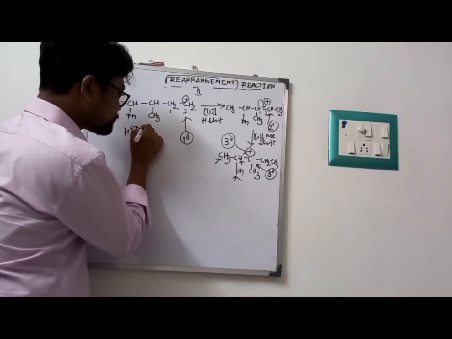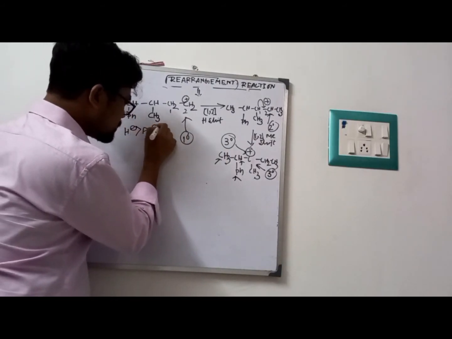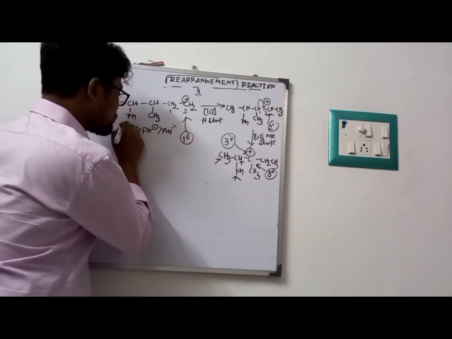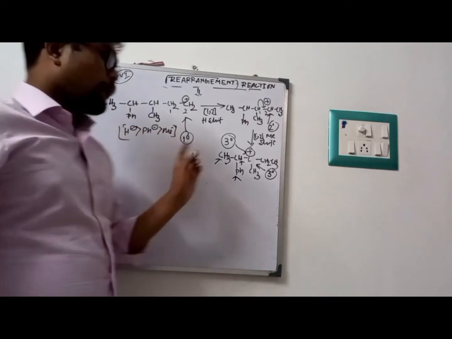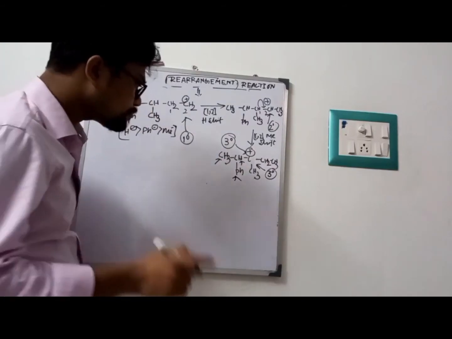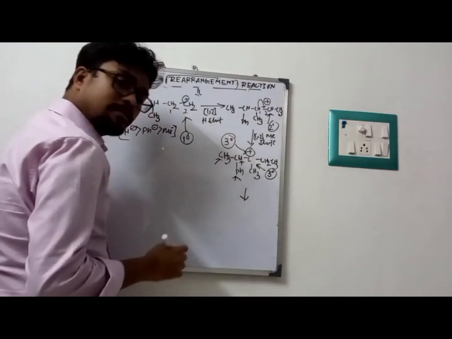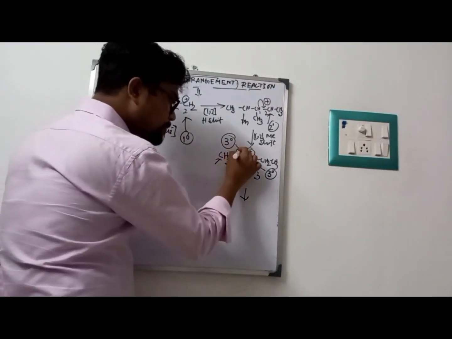H minus, then Ph minus, then methyl minus. Fine. Now what group will migrate? This hydrogen, because of migratory aptitude.